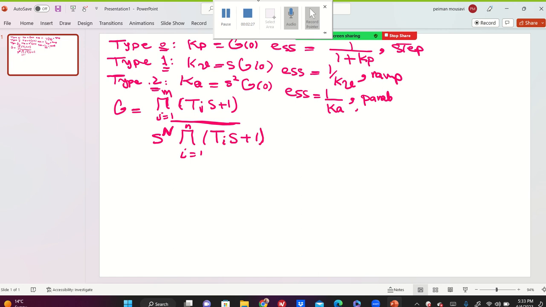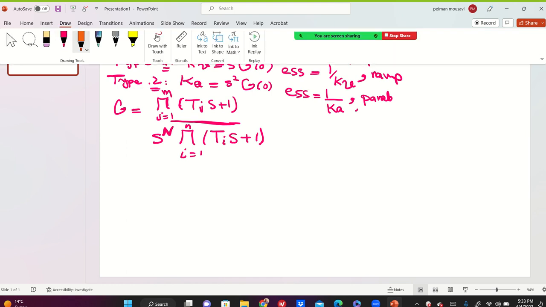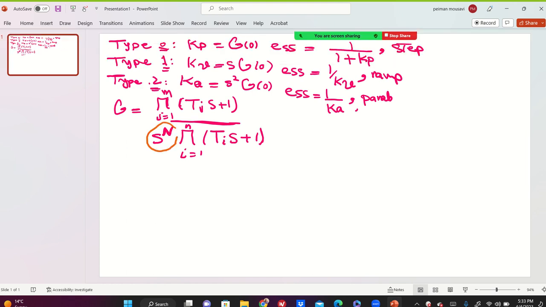You have an nth order system, this n. But these are the number of what? Integrators of the system. And I provided a table, and I got confused at the end because I was writing from the notes, and I fixed it at the end of the class. So these are the types of the systems.